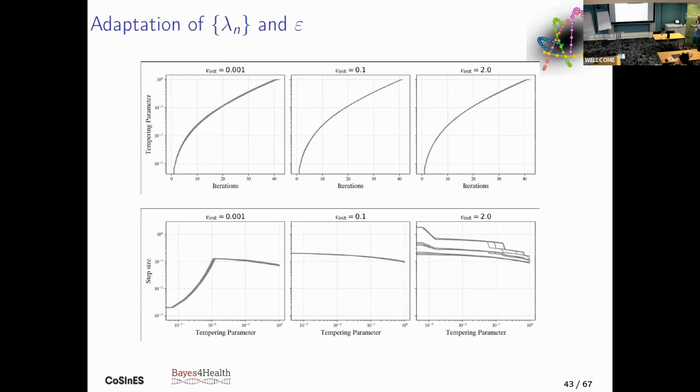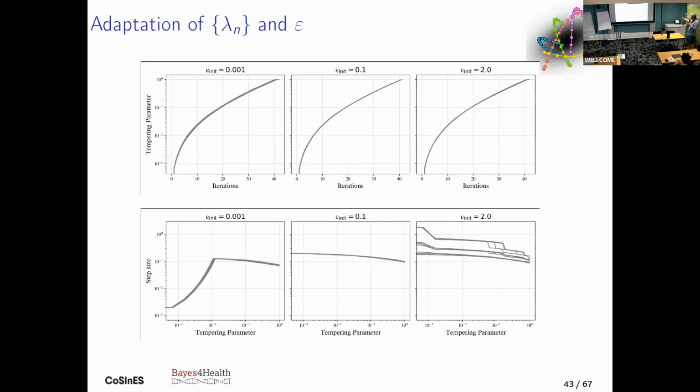So here is a preview. Of course, we've also got to adapt the sequence of lambdas. You remember that those lambdas determine the sequence of mu n, and we can learn that sequence on the fly as well.